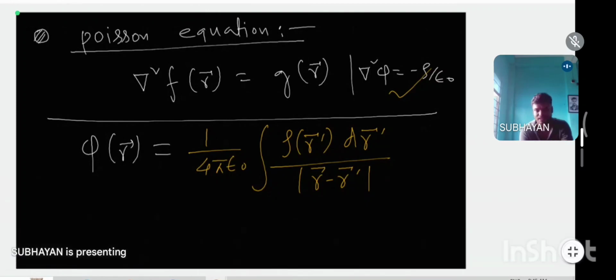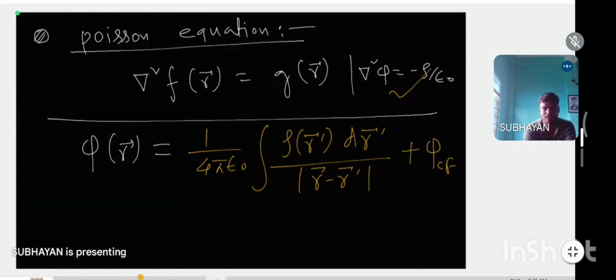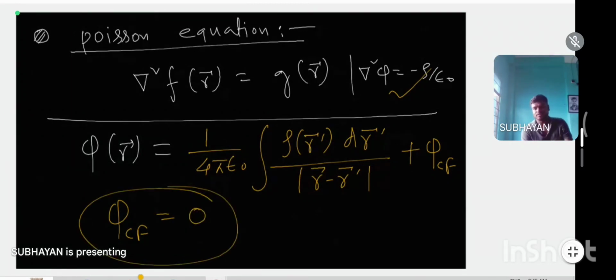We have already found this in electrostatics. But whatever you have taken by default is the complementary function to be 0. From a suitable boundary condition you have set this to be 0. But in the general case you can put it in. So this is the general solution of this Poisson equation.